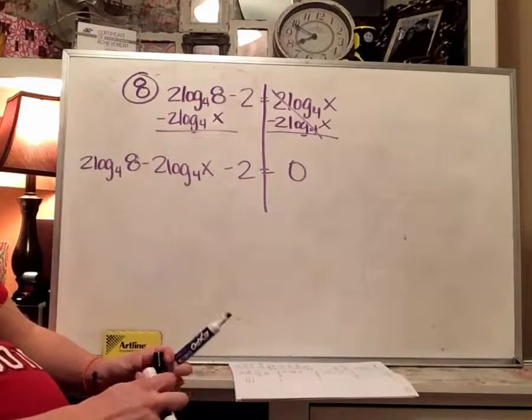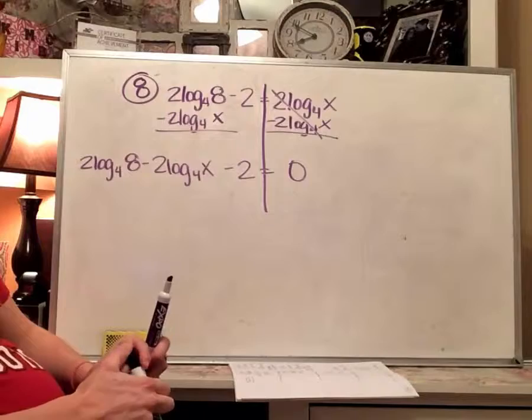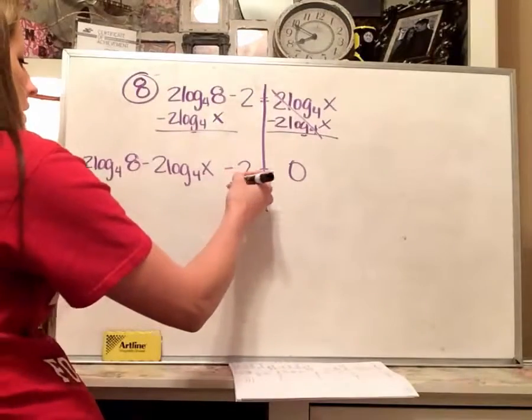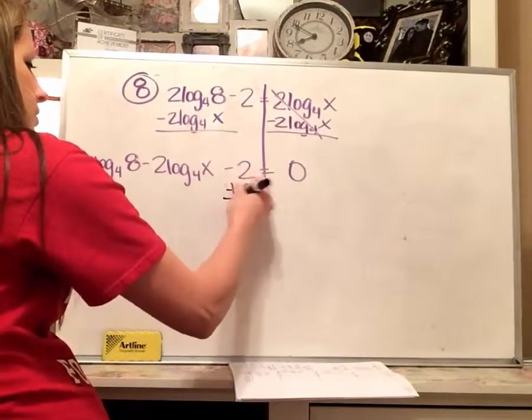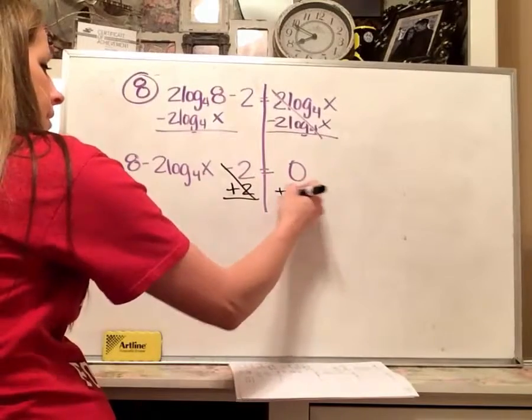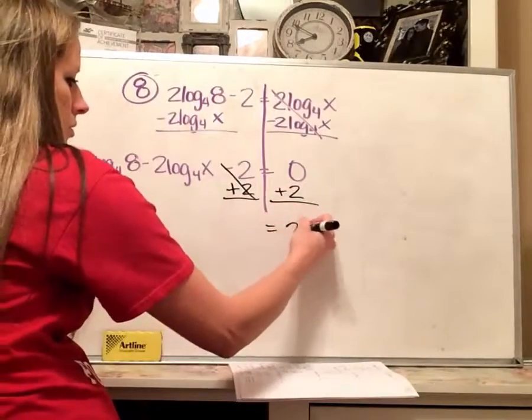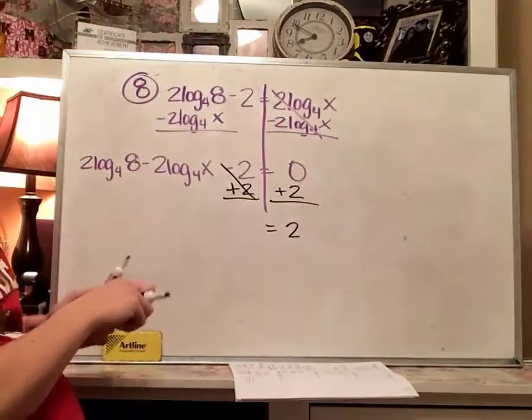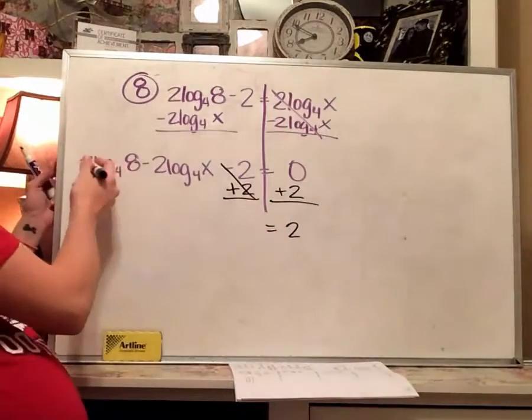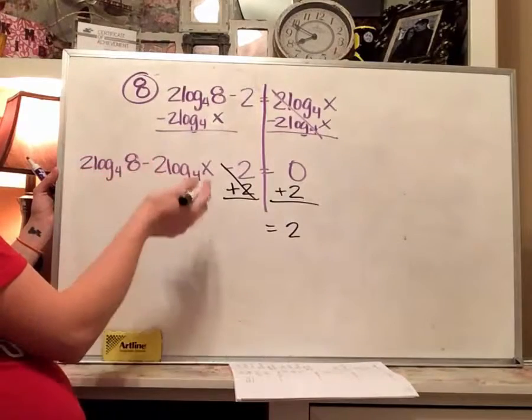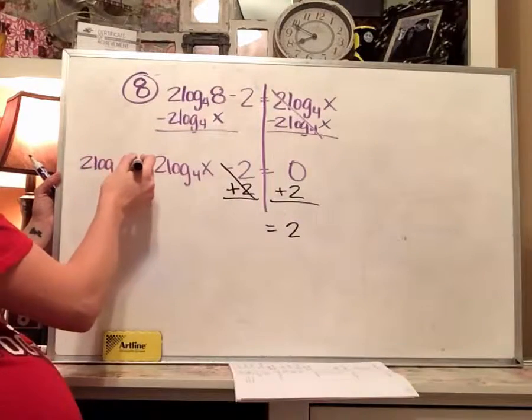Next thing I'm going to do is move that 2 to the other side. So add 2, and I get 2 on the right. See how these logs both have a 2 in front? Let's go ahead and change that to an exponent.